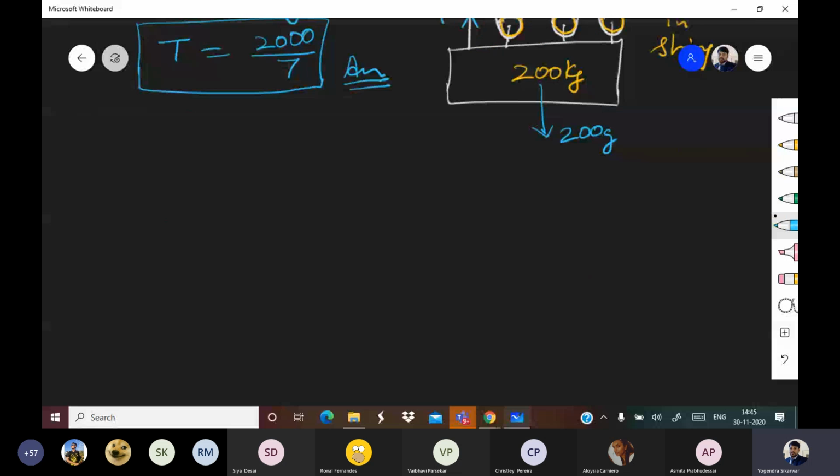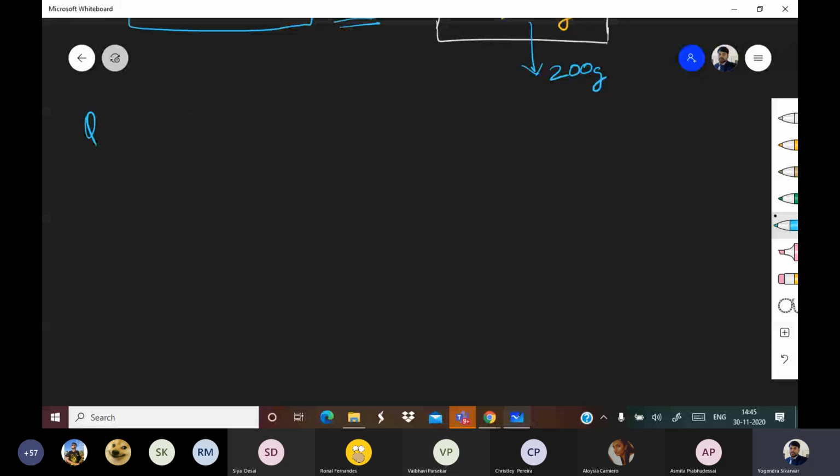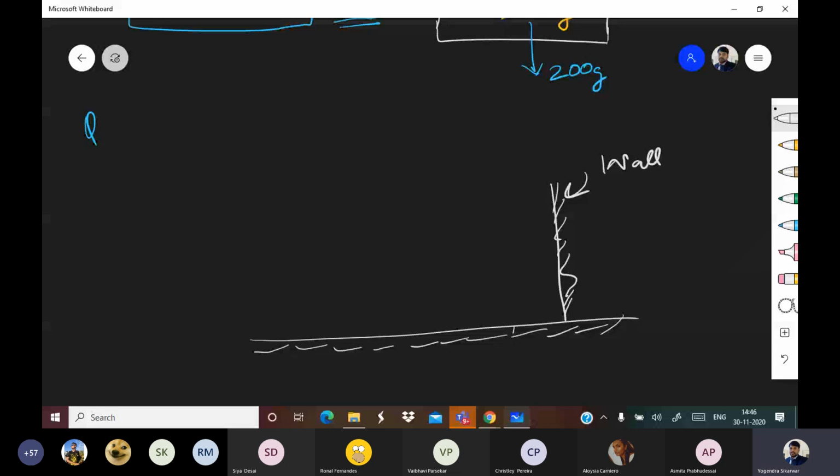Next question. This is a wall and this is ground. And this is some block.